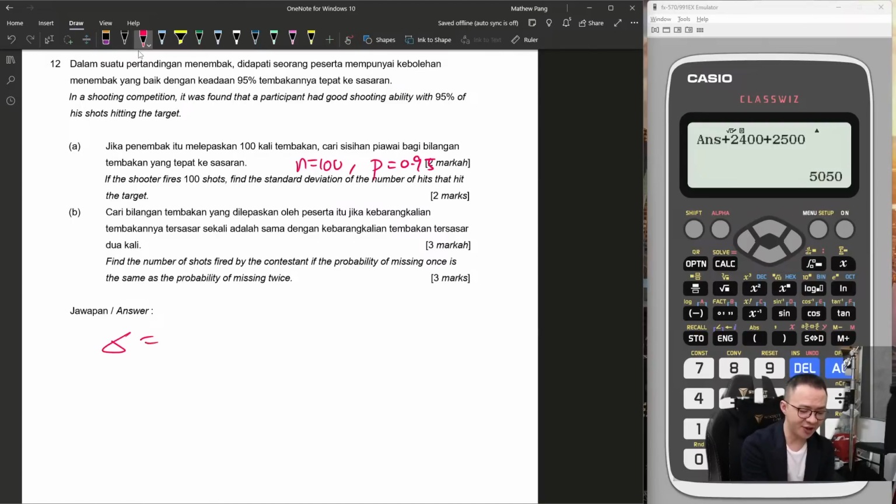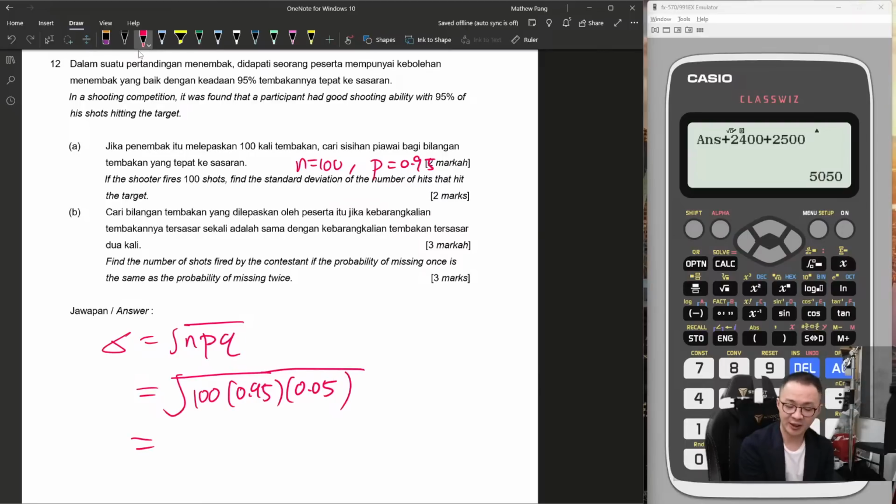Standard deviation is square root of npq, so just use the calculator. 100 times 0.95 times 0.05. The answer is 2.1794. Okay, done. A, 2 marks.